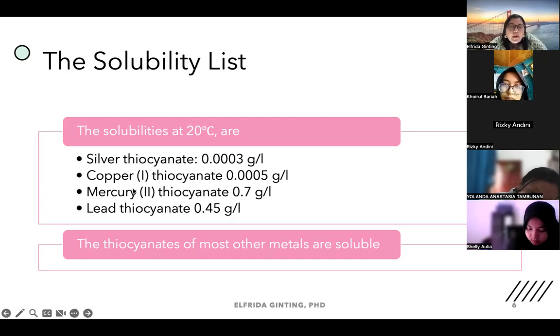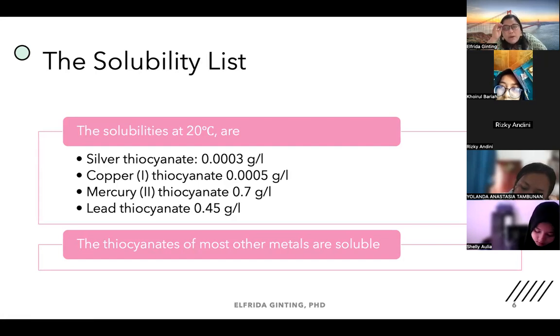Whereas mercury thiocyanate and lead thiocyanate, here you can see the solubility is much higher compared to silver and copper. For mercury, it has solubility of 0.7 gram per liter, while lead thiocyanate has a solubility of 0.45 gram per liter.